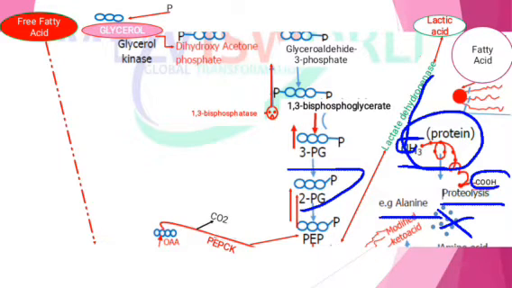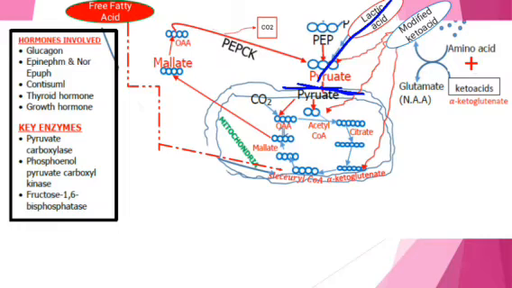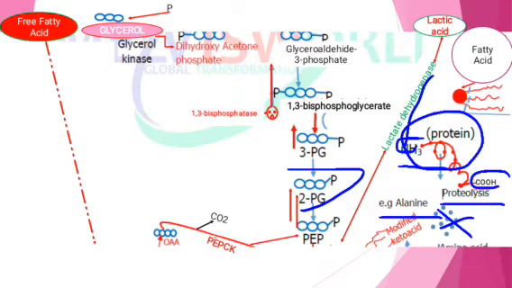Now, amino acid plus keto acid, an example of a keto acid being alpha-ketoglutarate, a new amino acid is produced, cleaving off a modified amino acid, which is alanine.